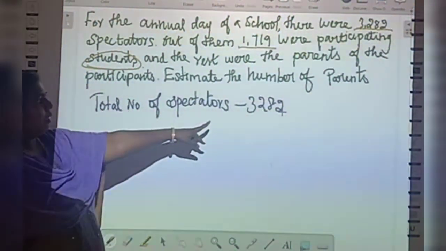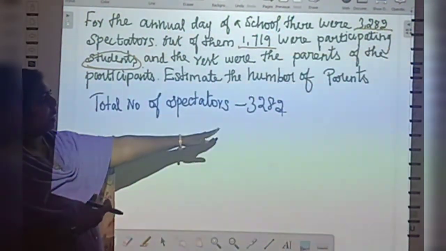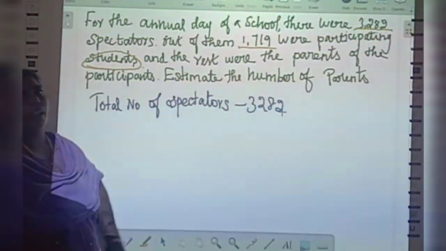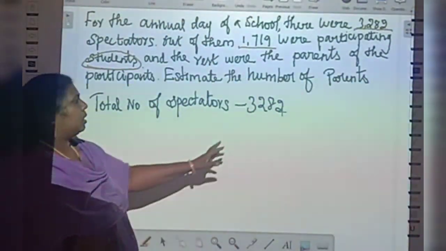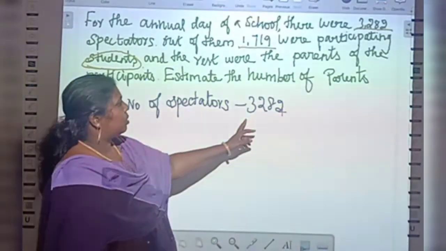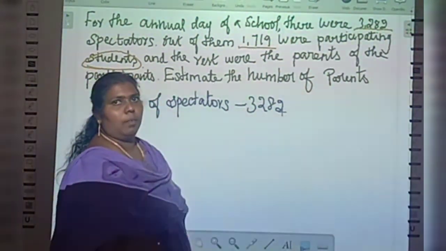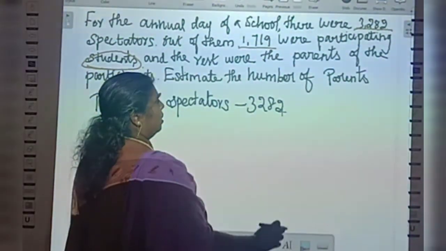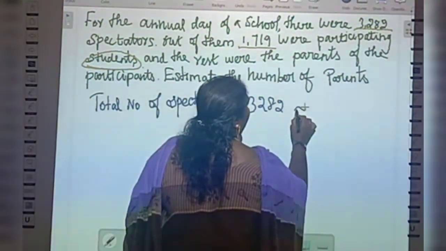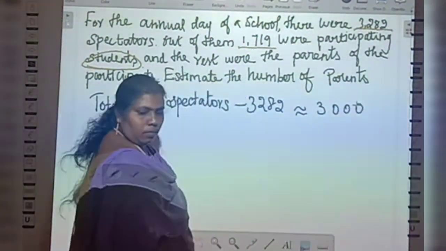So 3,282, you have to change the value. That means nearest 1,000 you have to calculate. Okay, nearest 1,000 means how much it will come? 3,282 is closer to 3. So 3,000 or 4,000, it will come 3,000, isn't it? Yes, the nearest value is 3,000.